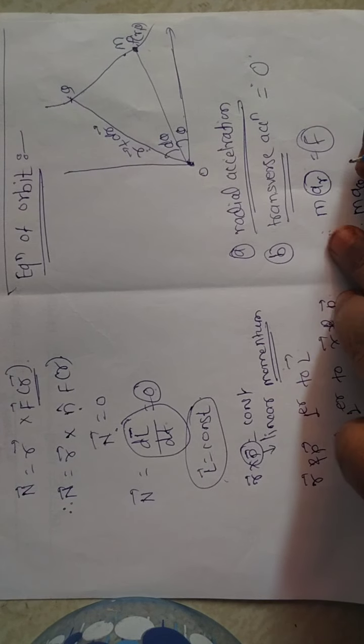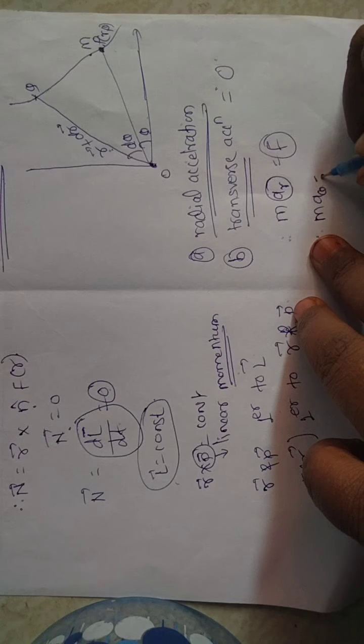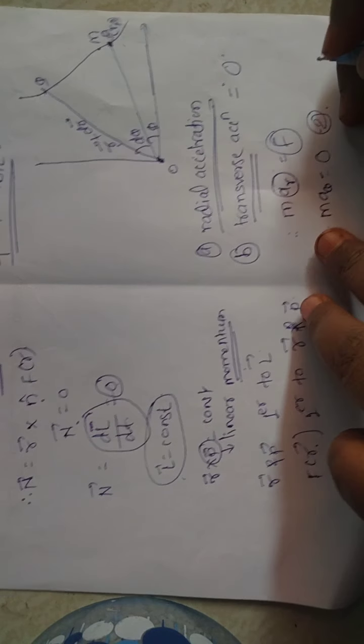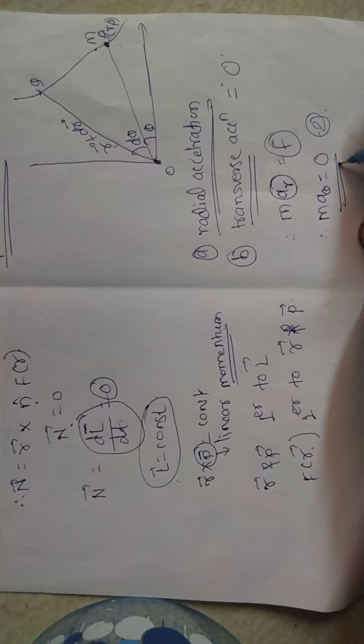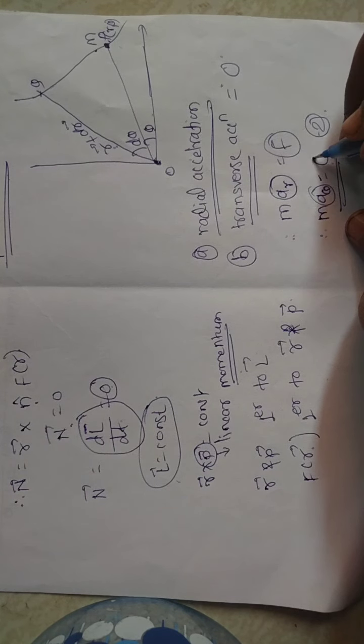It is due to the central force, and in the transverse direction the force is always 0. So a theta is equal to 0. There is no component of force in the transverse direction, and for this reason the transverse acceleration is always 0.